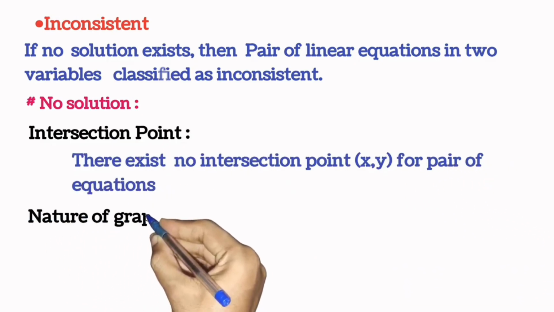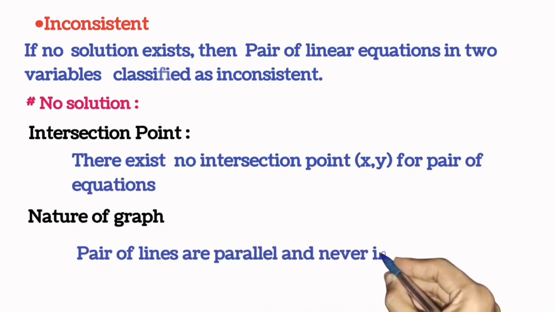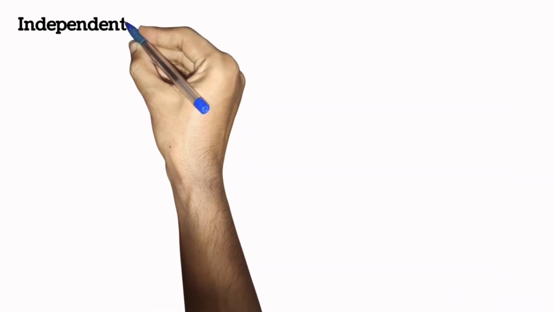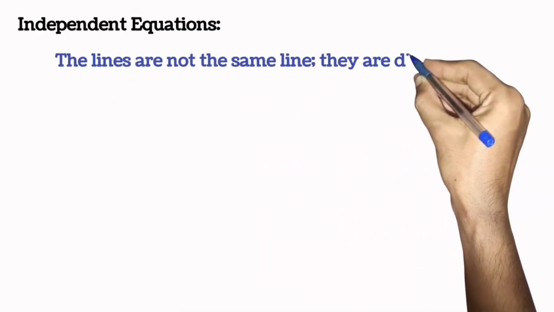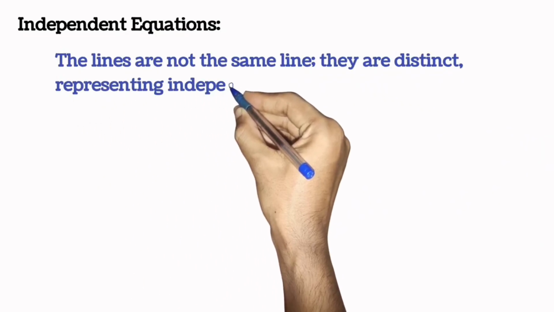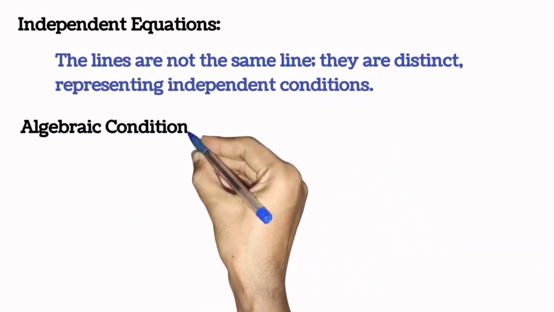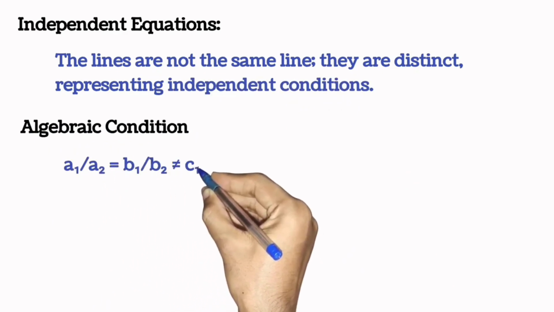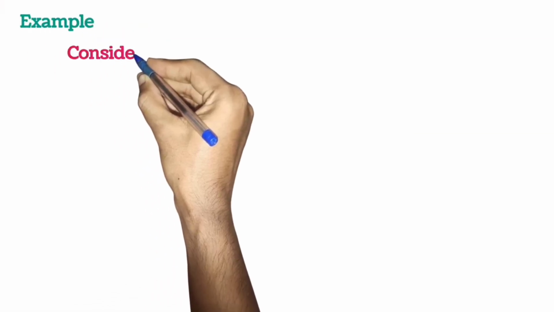Nature of graph for no solution: the pair of lines are parallel and never intersect each other. Independent equations for no solution: the lines are not the same lines, they are distinct, representing independent conditions. Algebraic condition satisfied for no solution is a1 by a2 equal to b1 by b2 not equal to c1 by c2. For more clarity, look at an example.